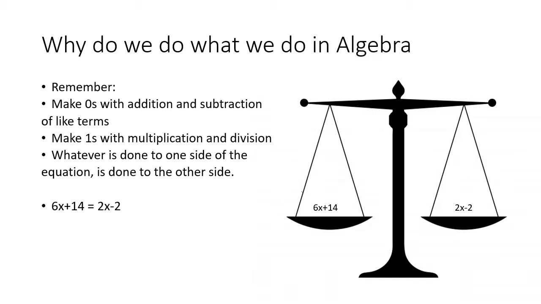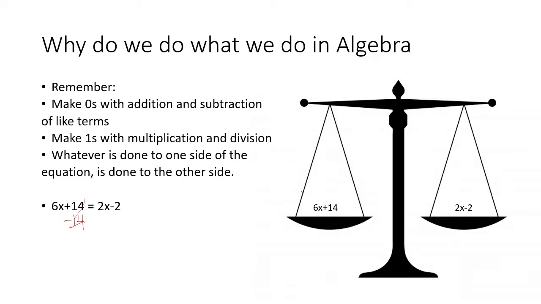Believe me, it's much simpler if you do it that way. Okay, so we have 6x plus 14 equals 2x minus 2. Now, I can make a zero here on this side by subtracting 14, because positive 14 and negative 14, those are additive inverses, that's going to make a zero.